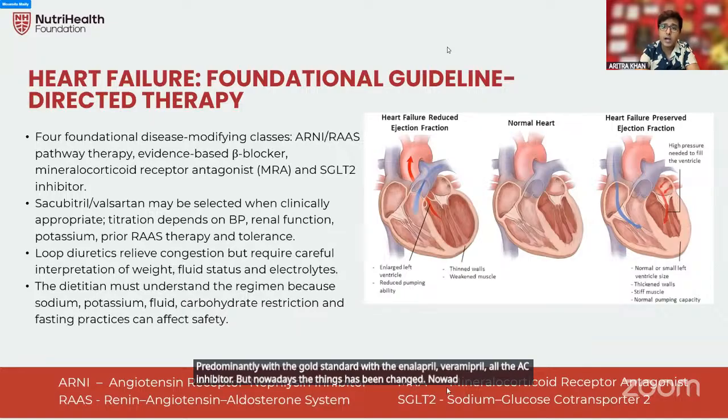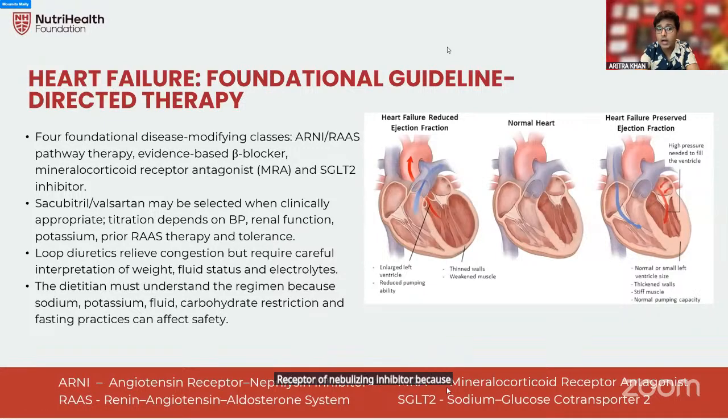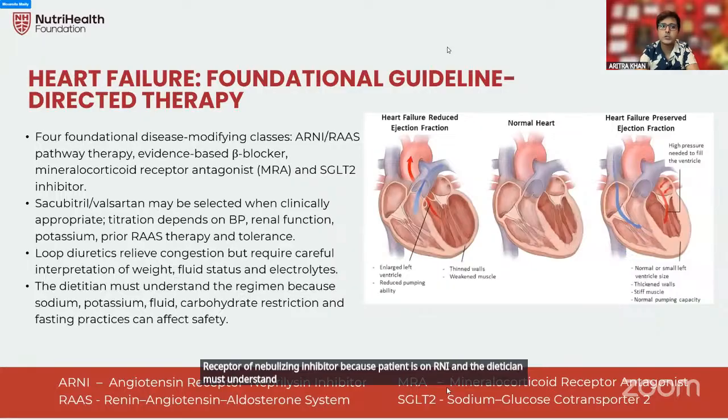Nowadays people have switched to a different combined salt, that is sacubitril and valsartan, which is ARNI, that is angiotensin receptor neprilysin inhibitor, because the patient is on ARNI. And the dietitian must understand the regimen, because sodium, potassium, fluid, carbohydrate restriction, and fasting practices can affect safety.